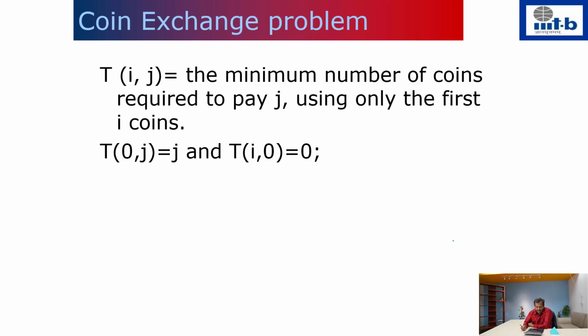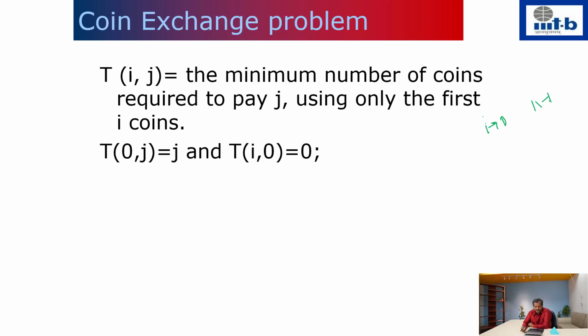Let us look at the base cases. T of 0 comma j: remember that the denominations are indexed from i equal to 0 to k minus 1. So, the first coin has a value of 1. If you want to pay for j using only coins of denomination 1, then you have to pay j coins.